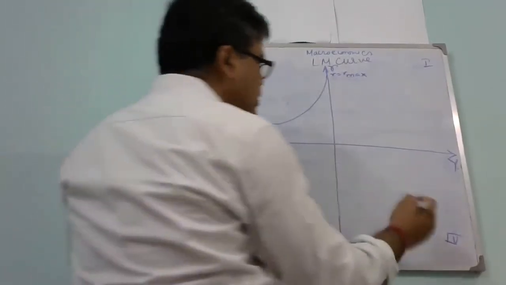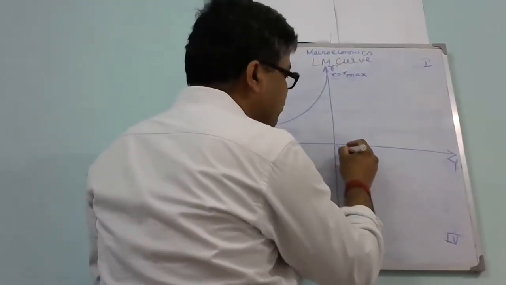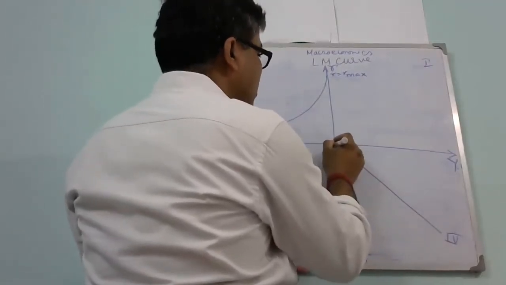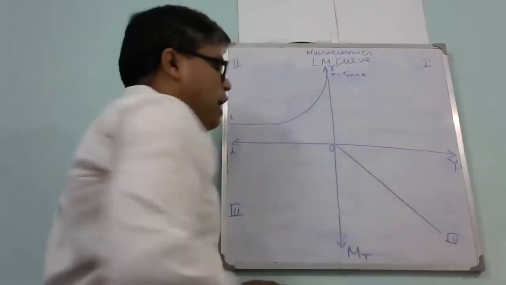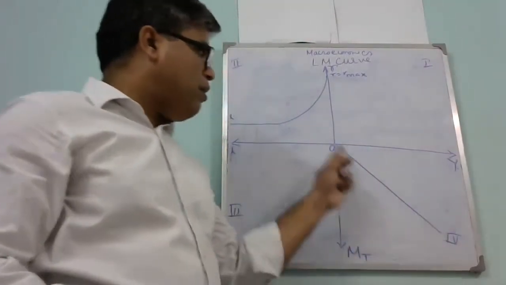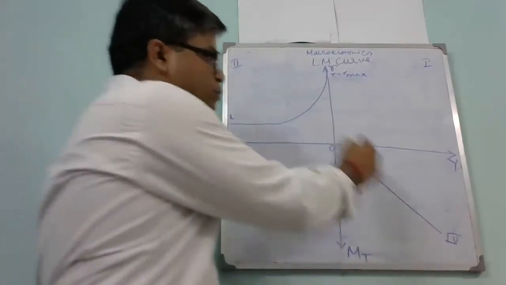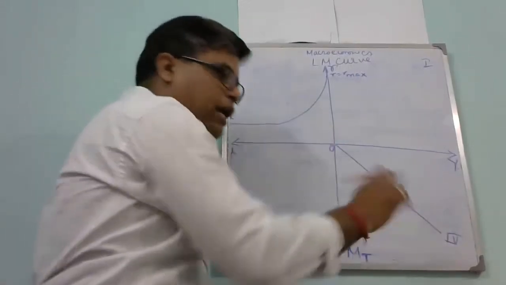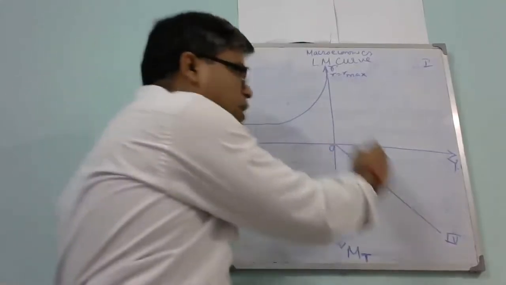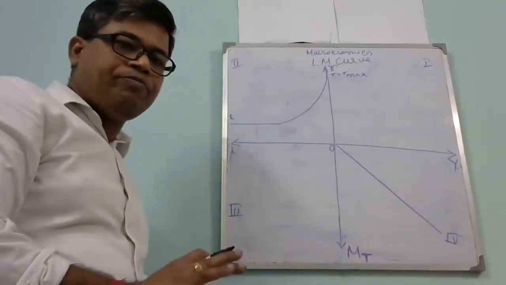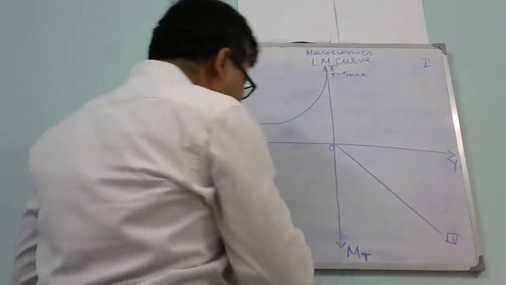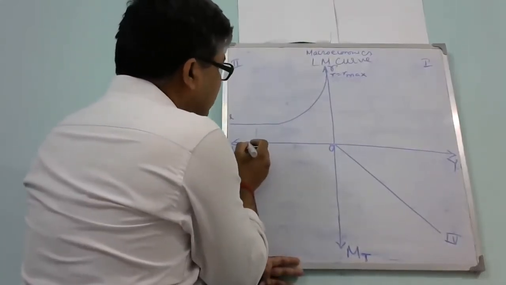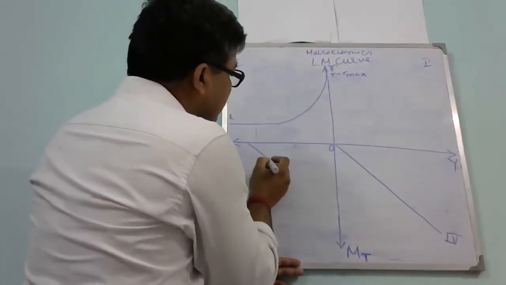Now the total transaction demand for money starts from the origin and is an upward sloping straight line. It is upward sloping because MT is measured along this side, so it looks like a diagonal. Now in the third quadrant, we will draw a 45-degree line with each axis.